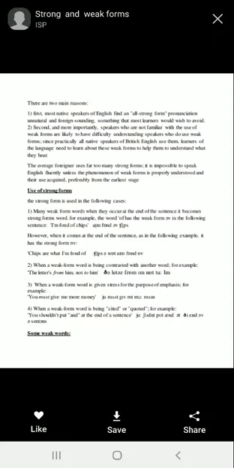Next, use of the stronger form. It comes with the stronger form with contrast, or with some action words and modal verbs.